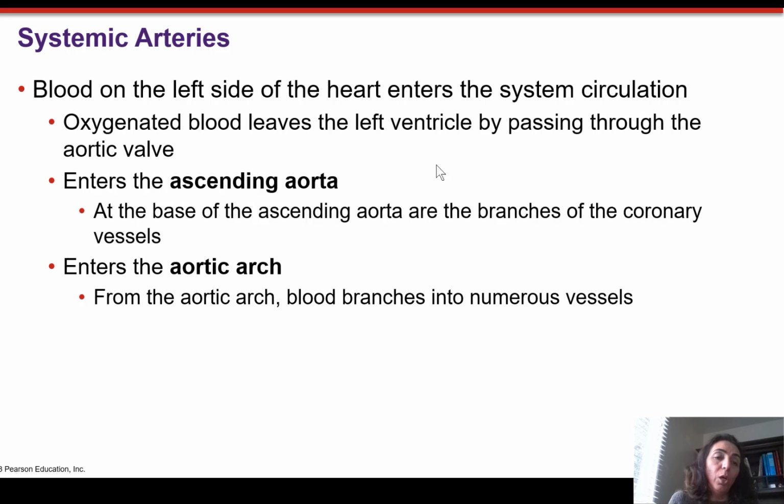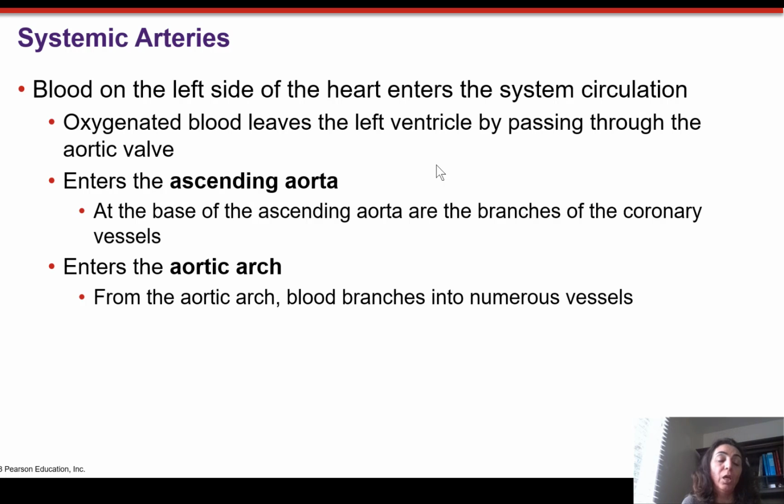So regarding the systemic arteries, the blood on the left side of the heart enters the systemic circulation, right, as we discussed. Oxygenated blood leaves the left ventricle by passing through the aortic valve and enters the ascending aorta. At the base of the ascending aorta are the branches of the coronary vessels that I showed you in chapter 21.